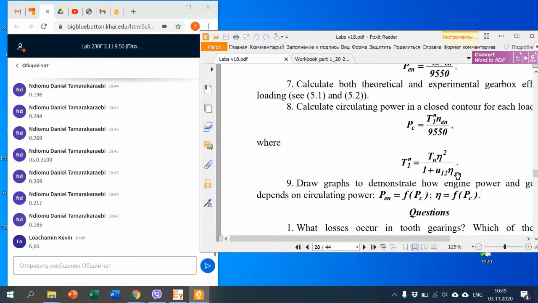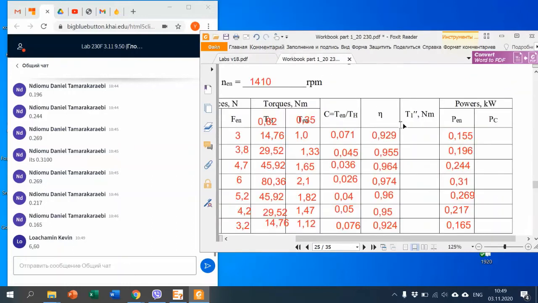What is it, 6 and 6? 6 kilowatts? Torque, sorry. 6.60.